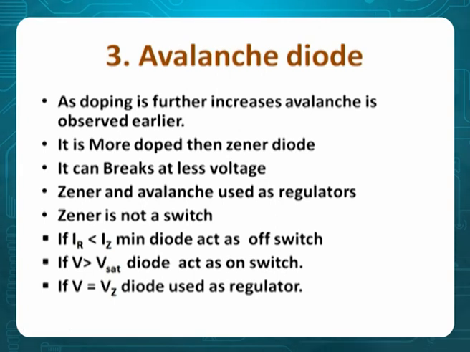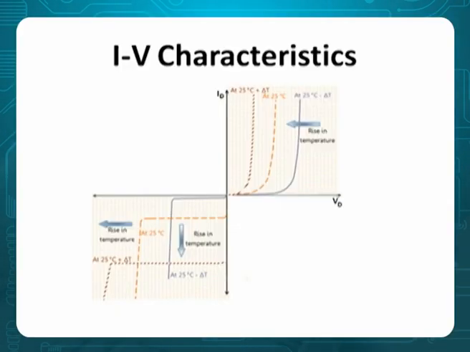The good thing is they give a constant voltage without spoiling physically. Please remember, a junction diode in breakdown physically spoils. A Zener diode doesn't spoil physically. That's why it can work. This is the reason why people generally call Zener and avalanche diodes regulator diodes.